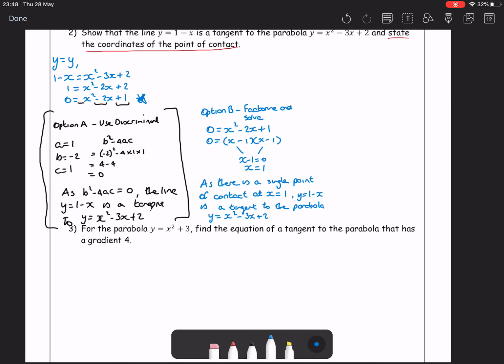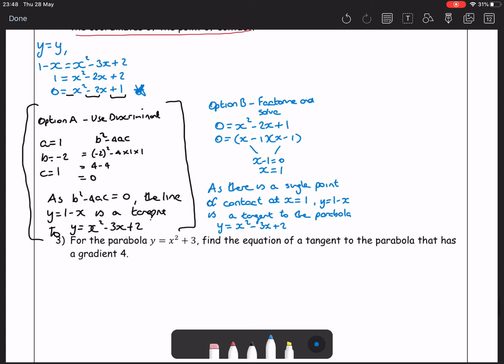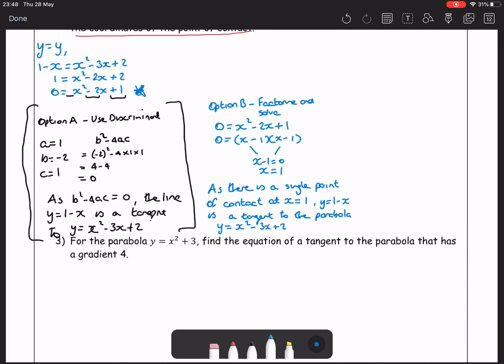And why that's significant is I would have to factorise and solve anyway to do my next part. So the solution in blue is the more economical solution essentially. It's going to involve less work as opposed to using your discriminant and then factorising and solving and then doing our substitution of x is equal to 1, y must equal 2.